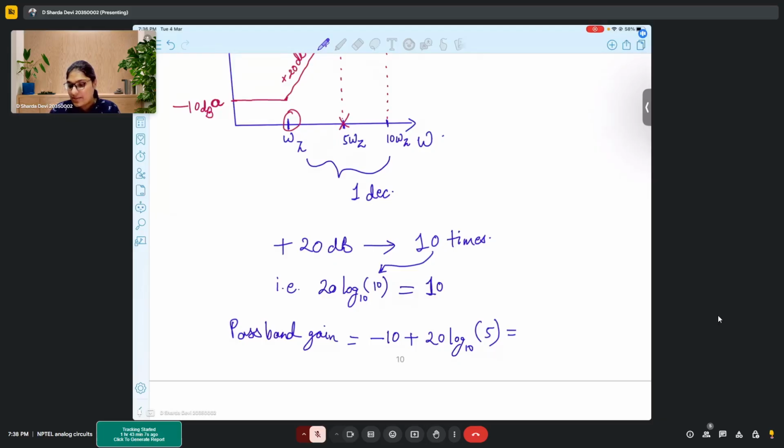Can somebody quickly calculate and tell me what value you are getting? Minus 10 plus 20 log base 10 of 5.